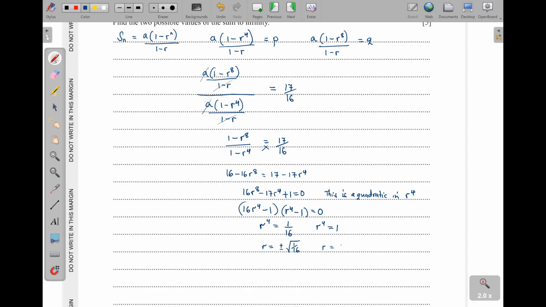And r here will also be plus or minus the fourth root of 1. So this gives us plus or minus the fourth root of 16, that is a 2, because 2 times 2 times 2 times 2 gives us 16. So this will be plus or minus a half, and this will be plus or minus 1.